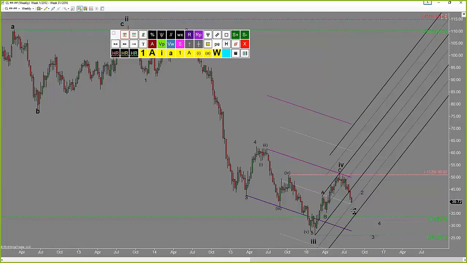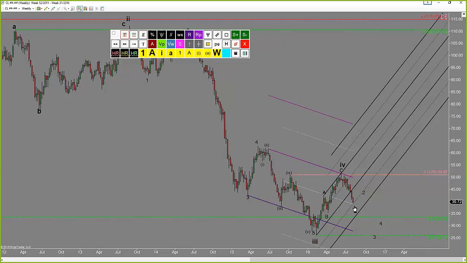I think we're coming close to the end of the first wave down. We have a 1, 2, we should be putting in 3, maybe today, or sometime this week. And then we should have a nice rebound, which is going to make everybody think the low is in and we're going to go back up. That's going to stop short and then come back down to end the first wave down.